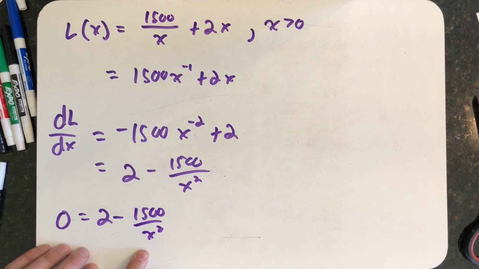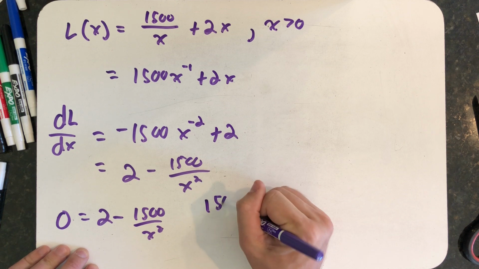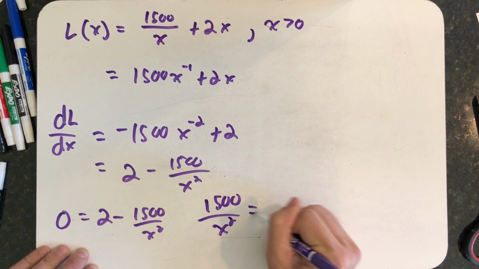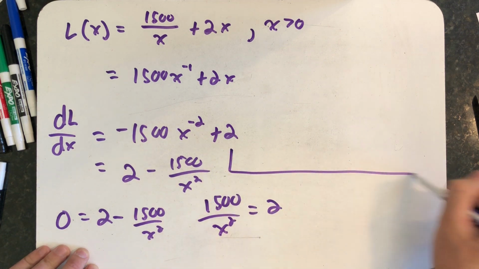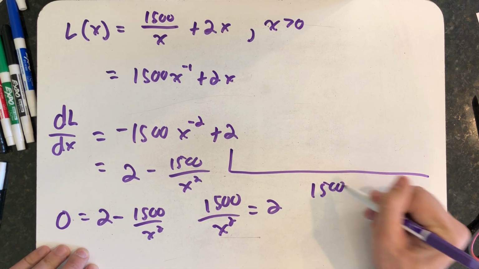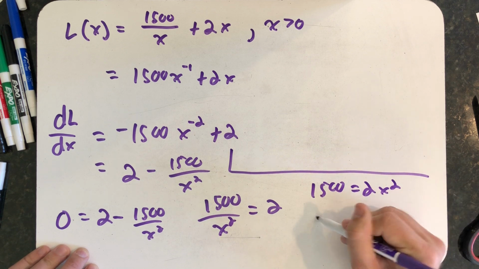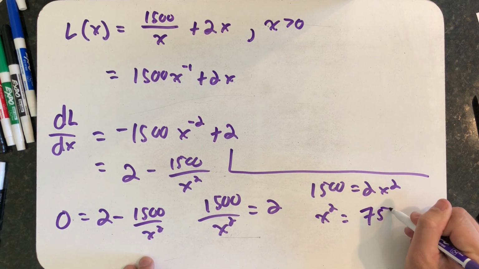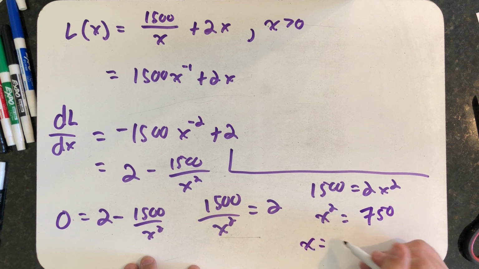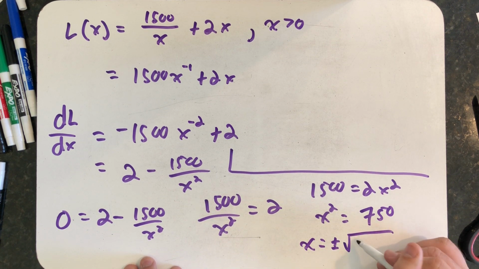I'll add the 1500 over x squared to both sides. Multiply both sides by x squared. And I have 1500 equals 2x squared. So x squared is equal to 1500 divided by 2, 750. And so x, if I'm solving this equation, would be plus or minus the square root of 750.